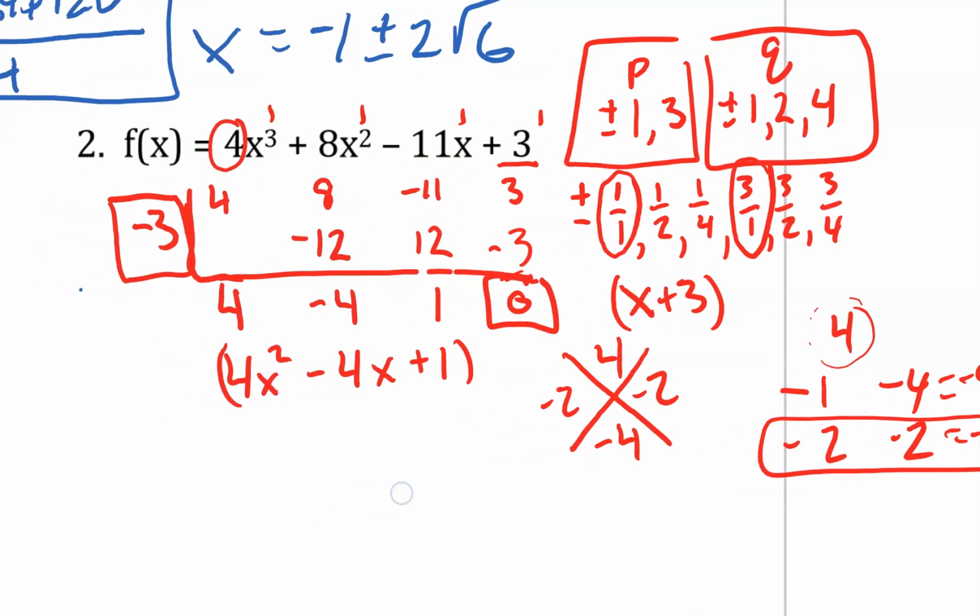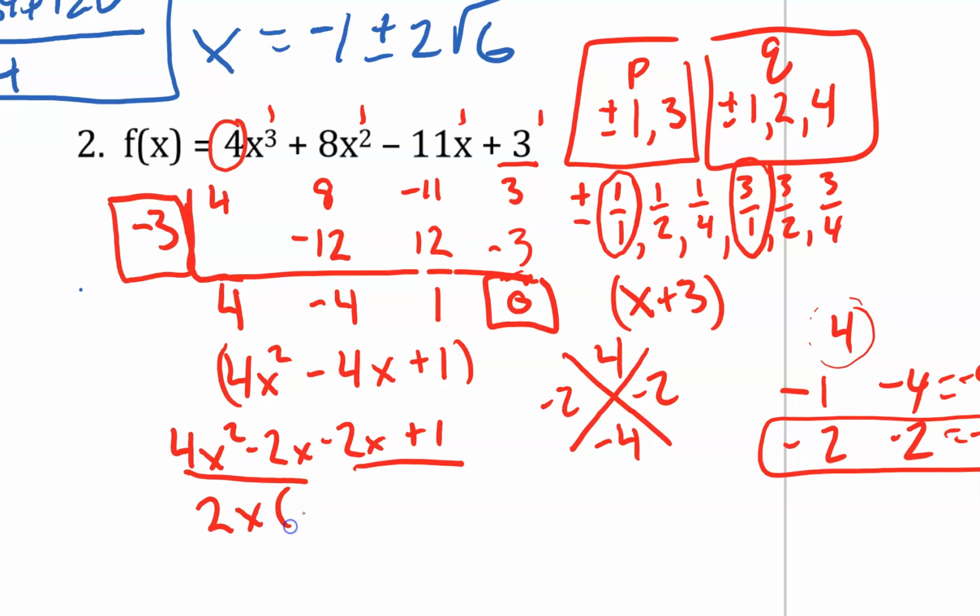Now I'll write this out for grouping. 4x squared minus 2x minus 2x plus 1. I'll group. My greatest common factor from the first group is 2x times x minus 1. For the second group, just the minus 1. That should be 2x minus 1 times 2x minus 1.